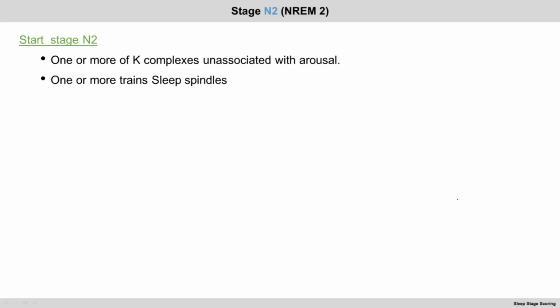If that is present, mark that stage as N2. If one or more trains of sleep spindles, if 1 or 2 or 3 sleep spindles are present, or more than that, then again mark that stage N2. It may be possible that only K complex is present, or only sleep spindles are present, or both are present. In every case, you have to mark that epoch stage N2.